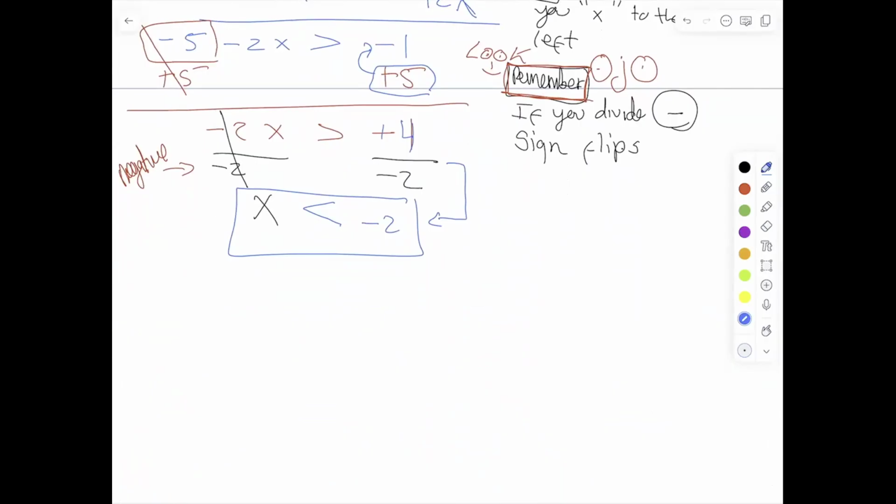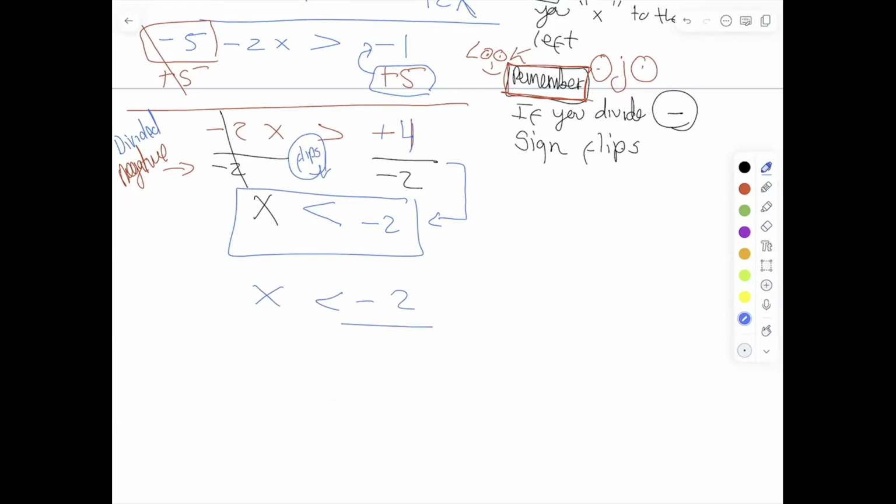And I have to do the same thing to the right. 5 plus -1 is +4, right? On the left, I have -2x. I divided by a negative, right? Here I divided by a negative. That flips the sign, right? This flips, right? Because I divided by a negative. What is 4 divided by -2? x is less than -2.